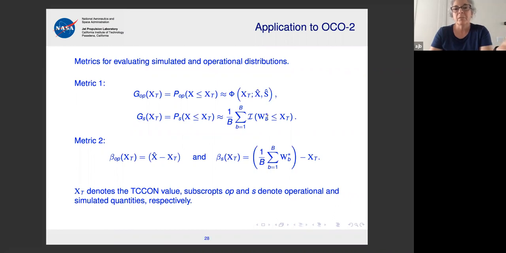Here it's estimated from the simulated values. Metric two is what's the bias of the two different estimates of the mean of the distribution, either x hat in the case of the operational retrieval, or our simulated mean relative to the t-con value.